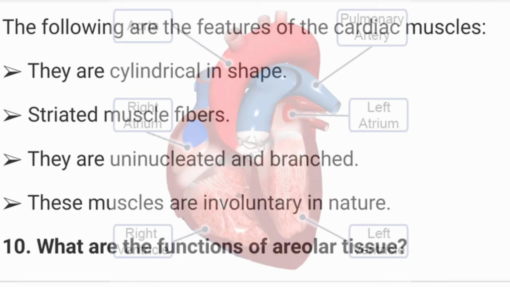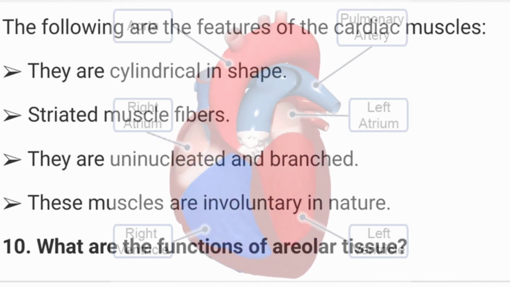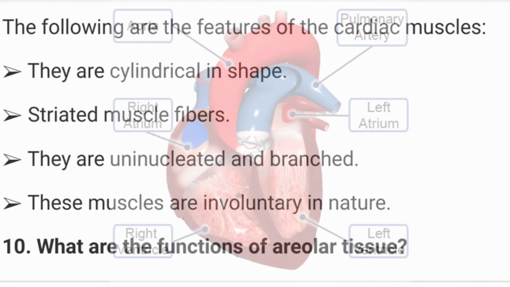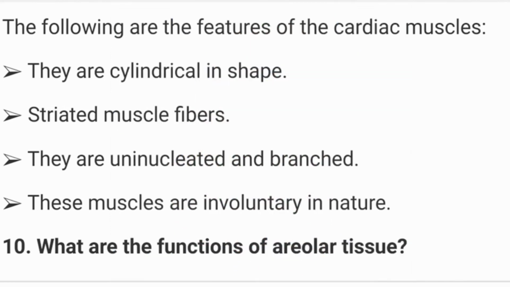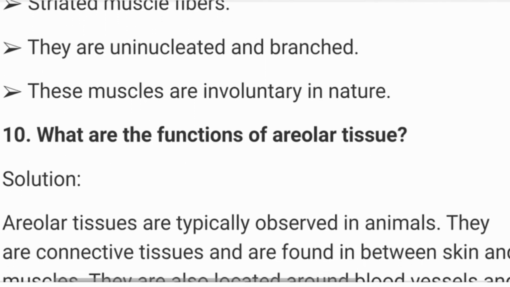They are uninucleated and branched. Uninucleated means containing one nucleus only. These muscles are involuntary in nature, meaning the movements are not in our control, and voluntary muscles are those which are in our control.